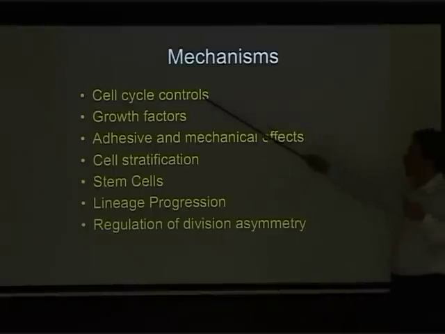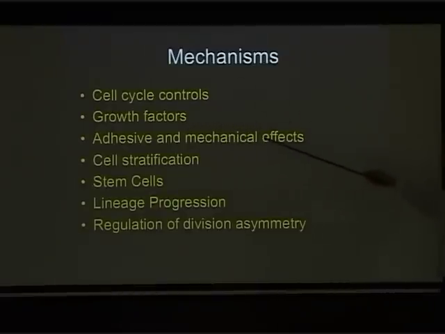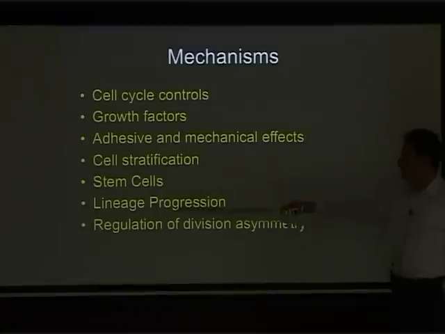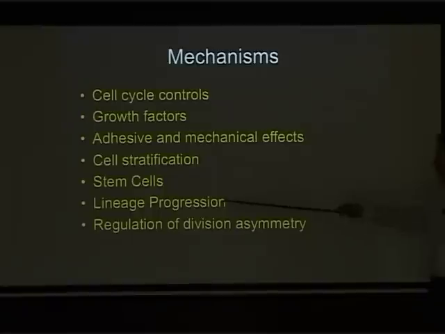So you can control the cell cycle, which controls how fast you progress through this doubling cycle. You can use factors that tell cells to change what they do during their growth and proliferation. You can have cells stick to each other, pull on each other. You can have cells sort out spontaneously so they end up in layers. You can use stem cells, which I'll define in a moment, and lineage progression, which is what you get when you have stem cells.